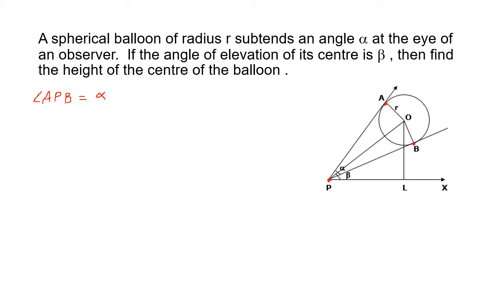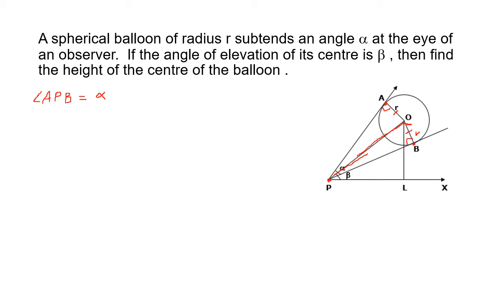Now O is the center of the balloon, and we know the tangents from any point outside. We will not write the whole thing down, but you know the radius is always perpendicular to the tangent. So these two angles are equal, and the radii are always equal. So these two sides are equal, and OP is the common side, the hypotenuse.